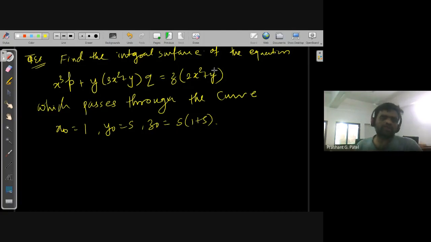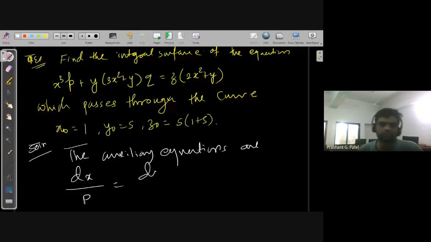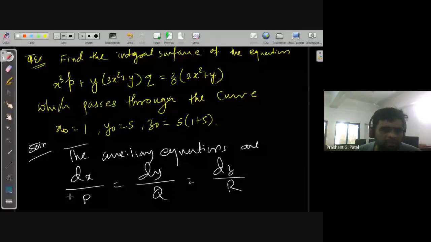So this is also a quasi-linear equation that you can see. So the auxiliary equation we can write down: dx upon p is equal to dy upon q equal to dz upon r, where the value of p is, we know, x cube, value of q is this, and value of r is this much.